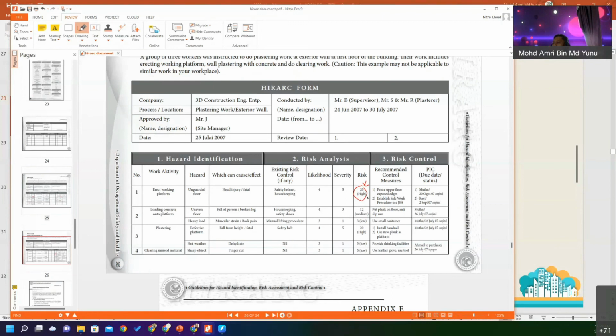So this is a very high risk. Means that the work has to be stopped until the measure is really taken care of. And for the due date here you have to put ongoing.